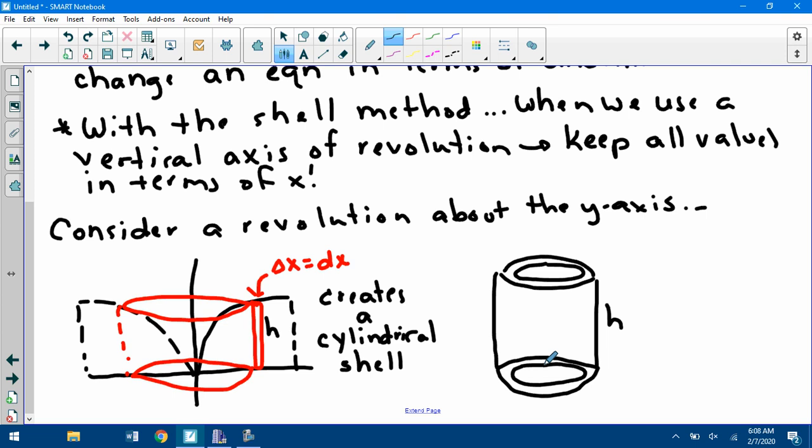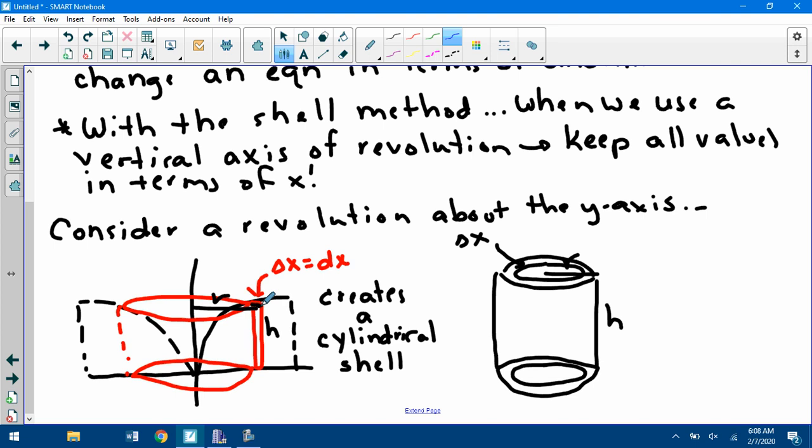So in this shell, if I wanted to find the volume of that shell, there's my radius. And on my picture over here, there's my radius. And this little thickness to it would be delta x, because that's coming from the thickness of the rectangle.